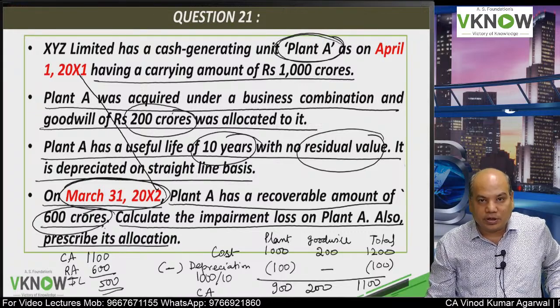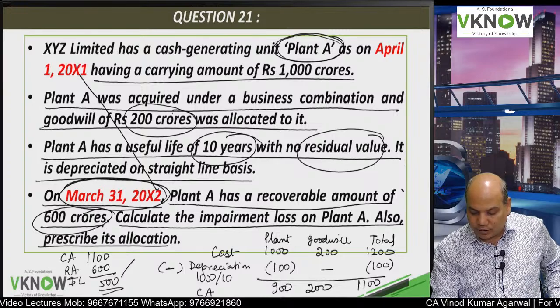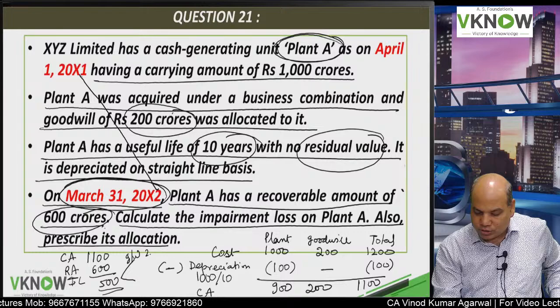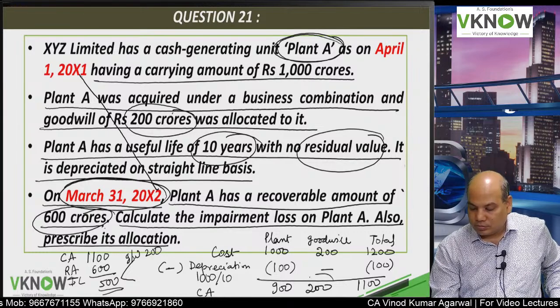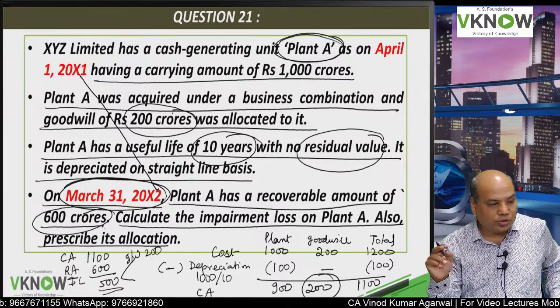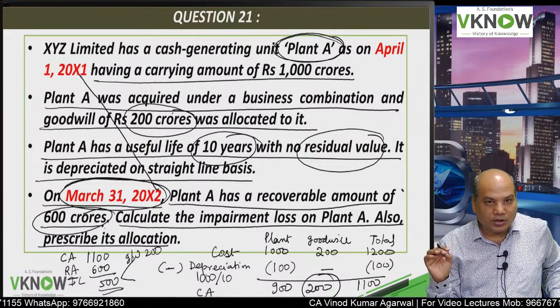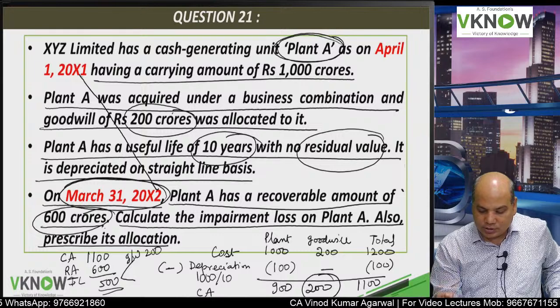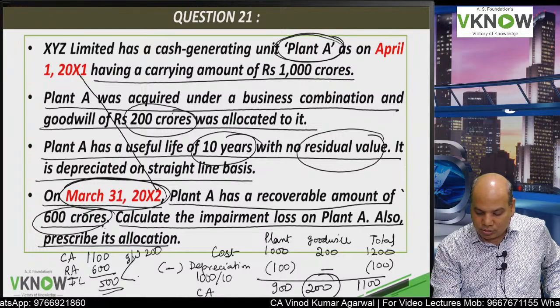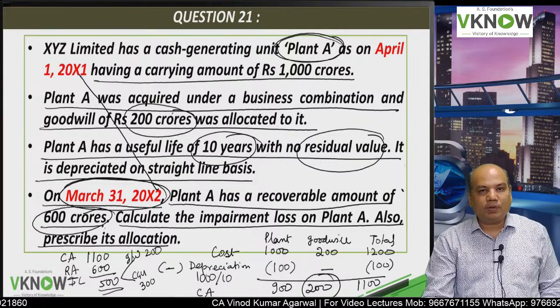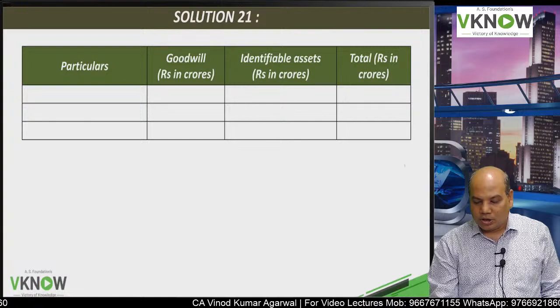Out of 500, we are going to allocate towards goodwill 200 first. We are going to allocate towards goodwill because goodwill represents excess capacity. If there is an impairment, you have lost that excess capacity, and we are going to allocate towards the CGU, that is plant, 300. This way impairment loss will be reduced.